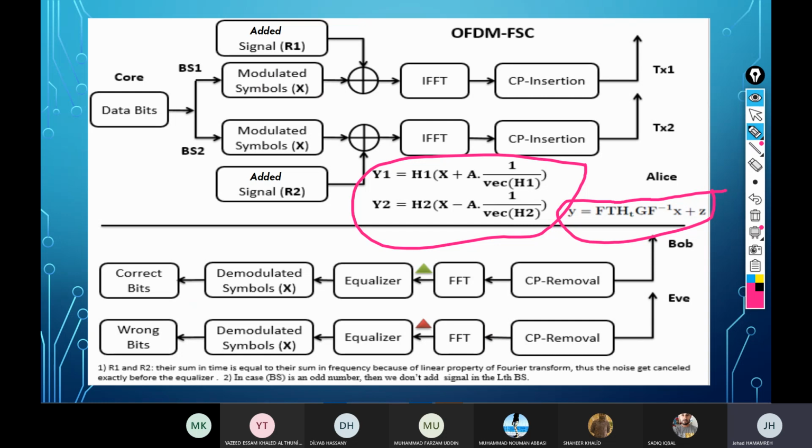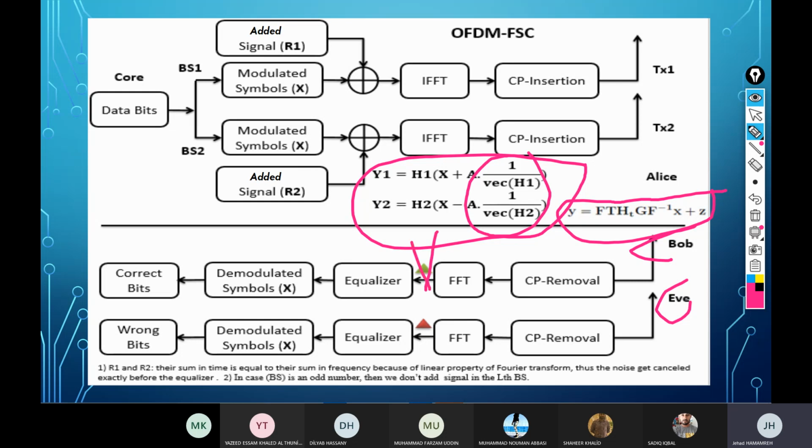Obviously, since this random signal is based on Bob's channel, they will not cancel at Eve, but they will cancel at Bob, and they will exactly cancel at this point. The rectangular sign that I put in green means they cancel here, but for Eve, the red one, they will not cancel.